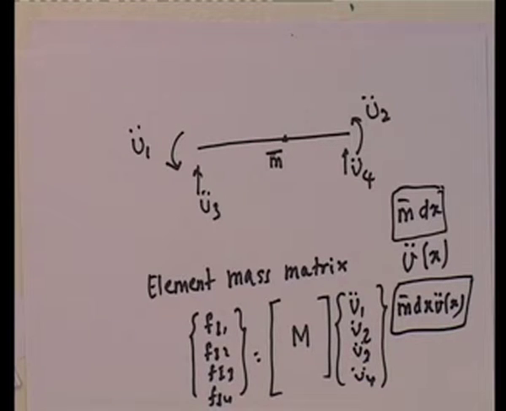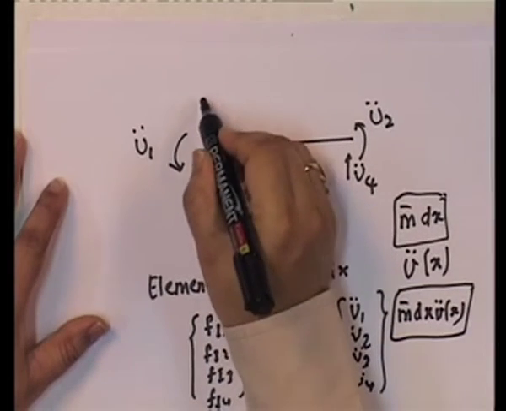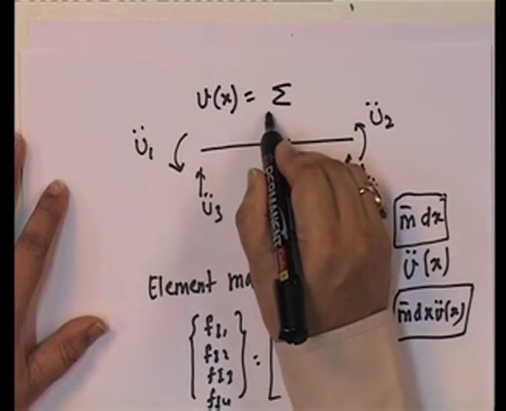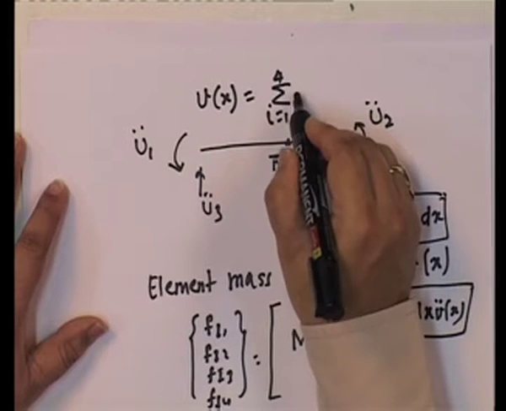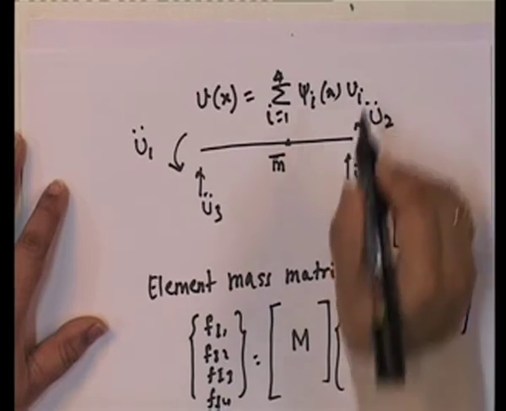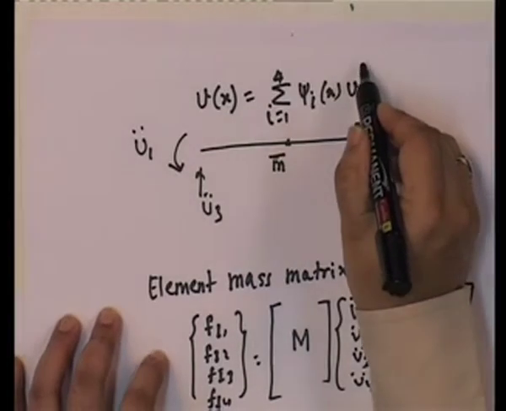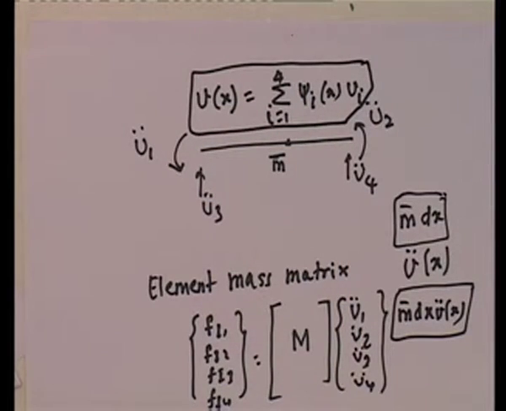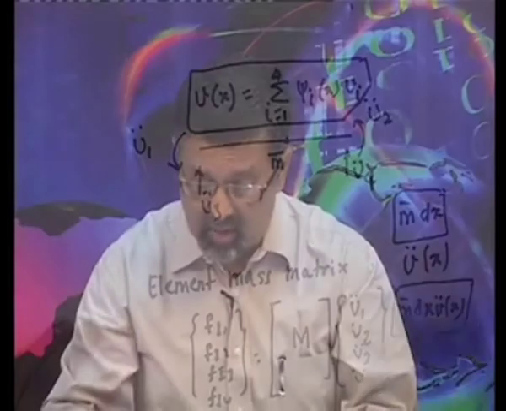Now, earlier what had we said? We had said that V of x is equal to the summation, i going from 1 to 4, of xi i of x into Vi.